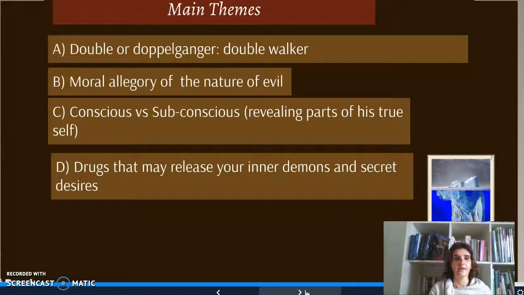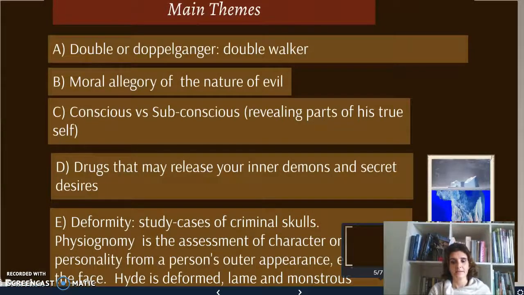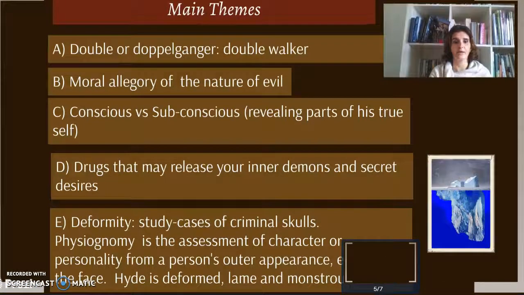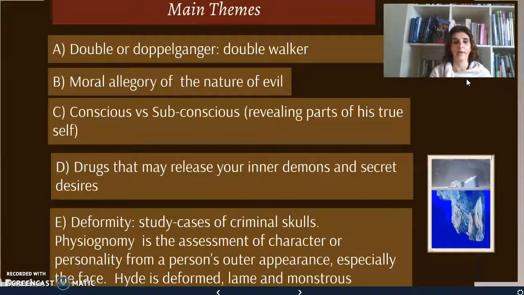Another theme is the theme of drugs, potions, that may release your inner demons and your secret desires. Dr. Jekyll creates this powder and takes it to transform himself into Mr. Hyde, up to the point that he can't do anything else but take drugs to become Mr. Hyde. And last but not least, the theme of deformity. Mr. Hyde is a deformed man.